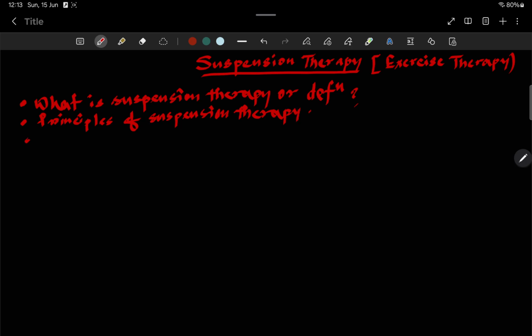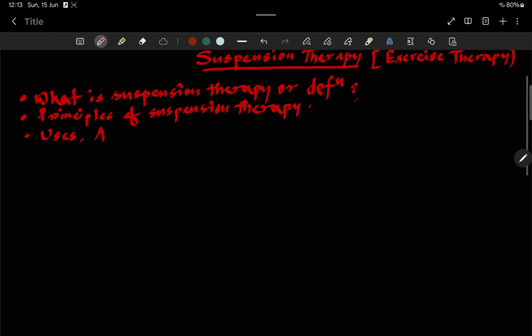Next, we'll study uses, advantages, and disadvantages of suspension therapy.